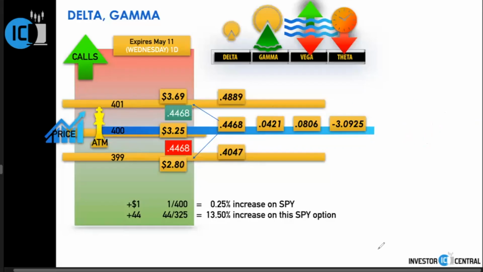So you can understand that these are kind of like guidelines. They are the mathematical calculations that are used by the market makers to make sure that their portfolios are balanced. These numbers come from the data that exists in terms of what the market's doing at the moment. The prices of the actual options are also being set by the market.